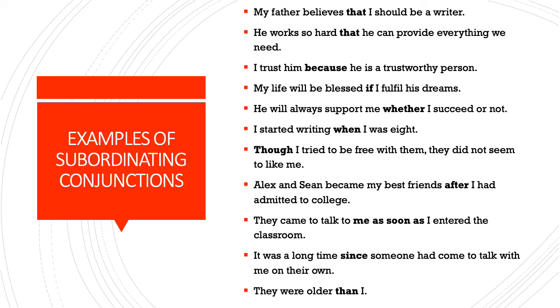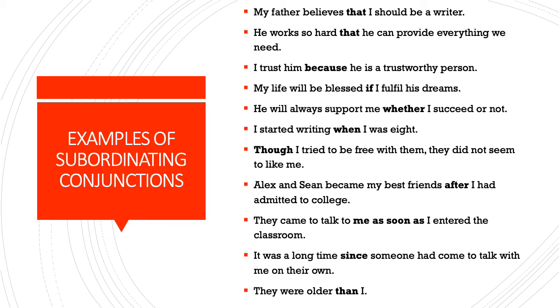Coming to a few examples of subordinating conjunctions. So let us see. My father believes that I should be a writer. Okay, that I should be a writer is my dependent clause, which begins with that, and my father believes is my independent clause.